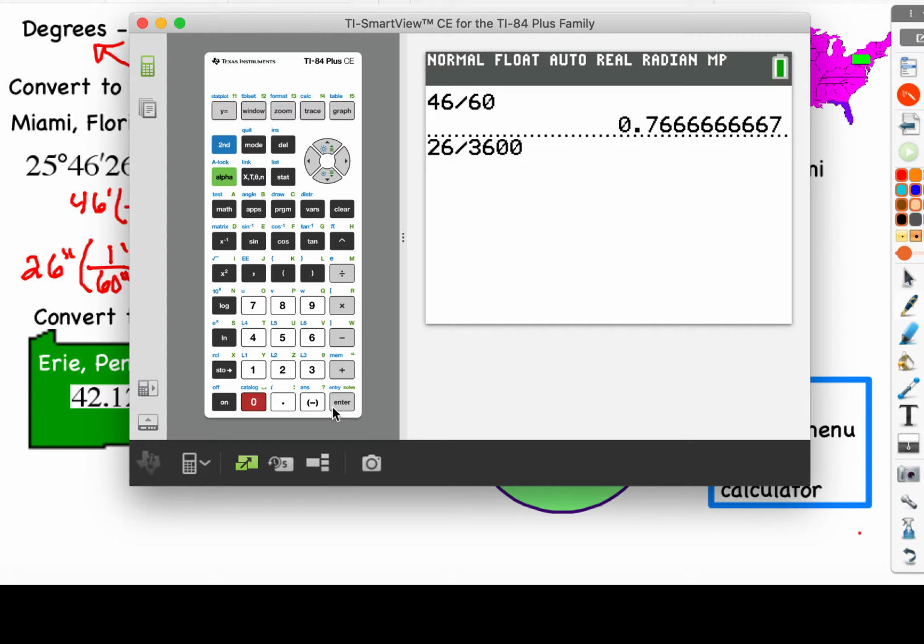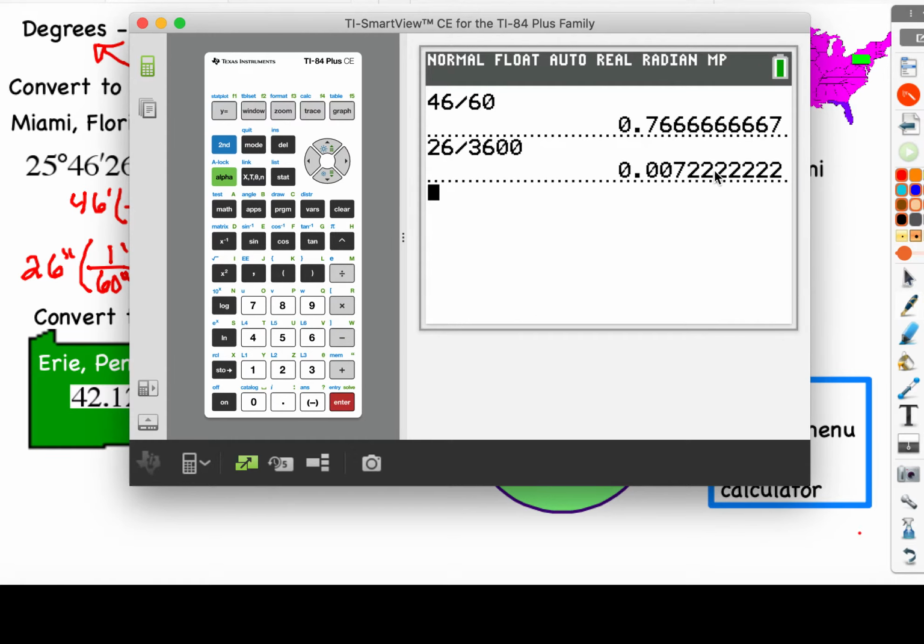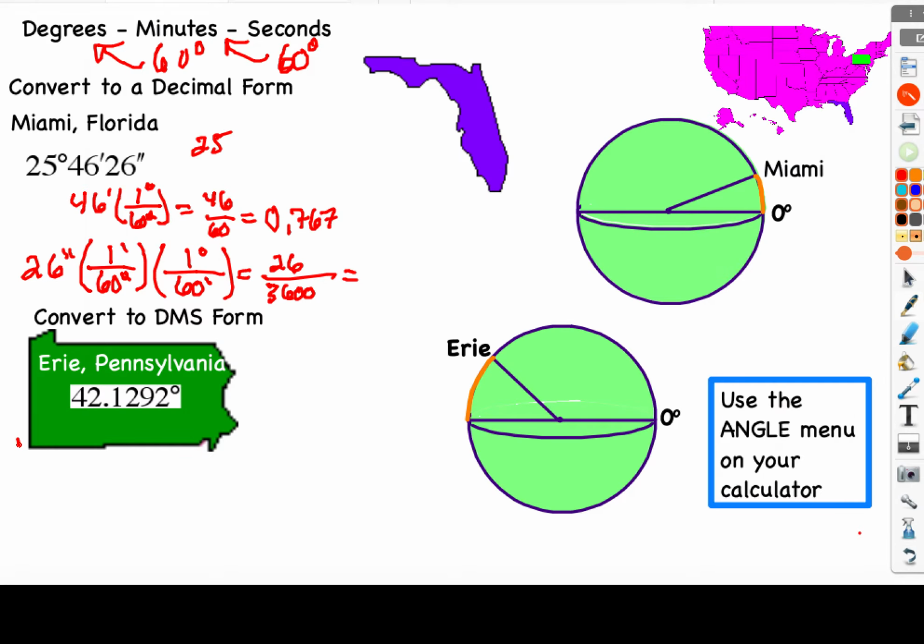Again, when we're talking about things like the globe, that actually can be a pretty distant measurement. So we want to be fairly accurate, even accurate to 3 decimal places. That's 0.007, right? So let's go ahead and write that down.